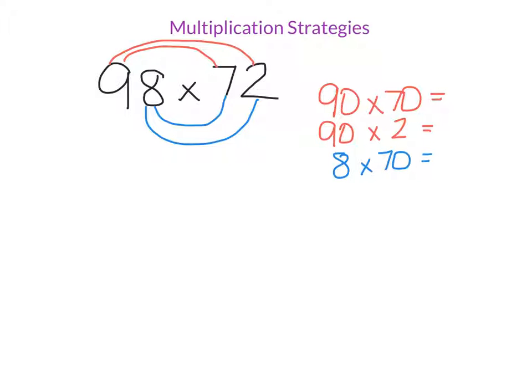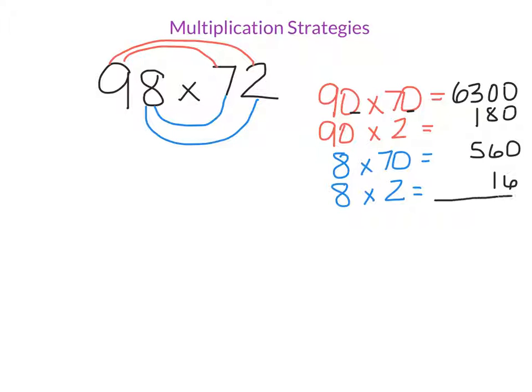And 8 times 2. 9 times 7 is 63. We have 2 zeros because they're both multiples of 10. 90 times 2 is 180. 8 times 7 is 56, so that's 560. And 8 times 2 is 16.